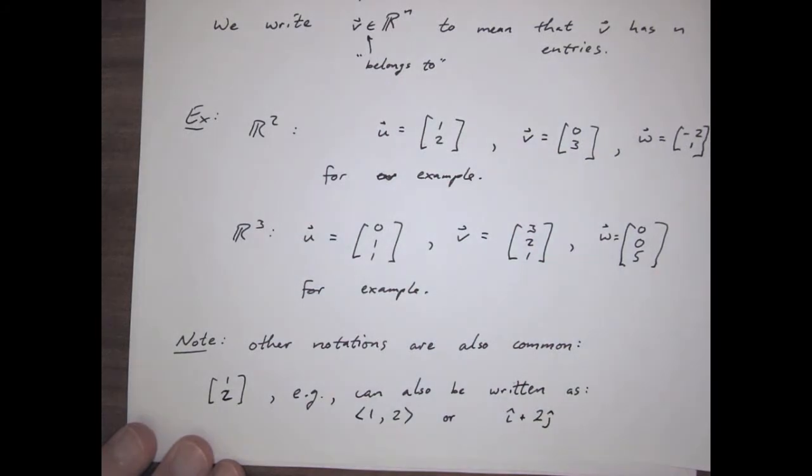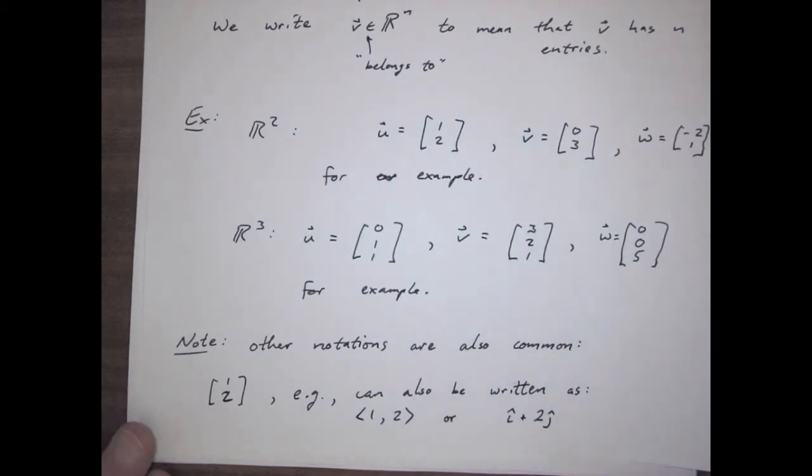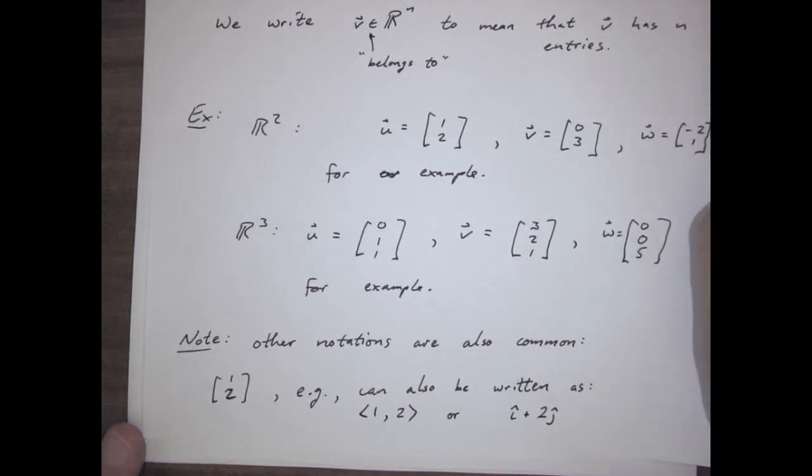So these would be the two most common other ways of writing two-dimensional vectors, and the three-dimensional vectors would be the same. You would just include another entry here, and you would include a k here. But these are not notations that we will frequently use. We'll occasionally make use of them here and there, but they won't be our main notation.